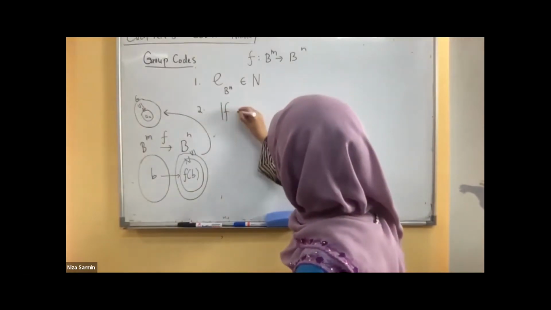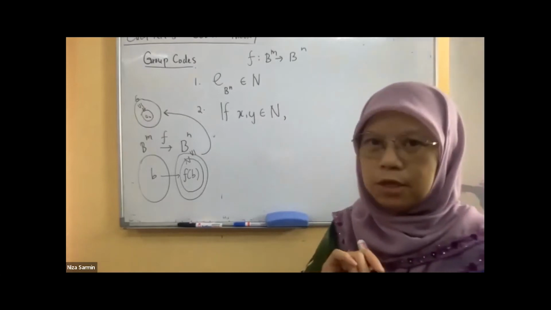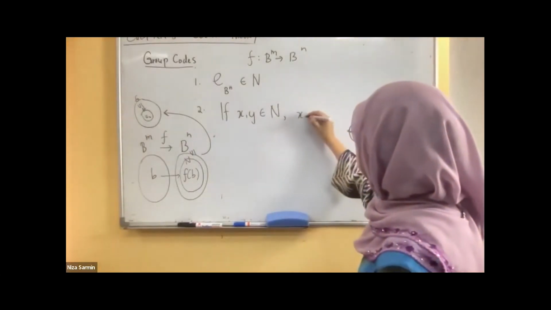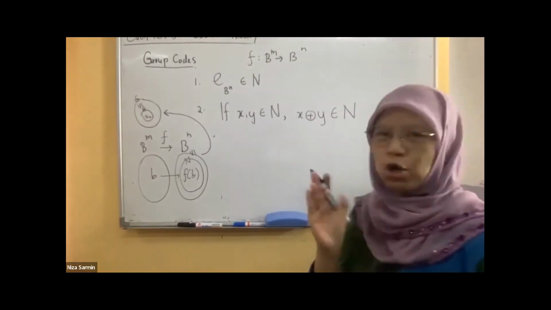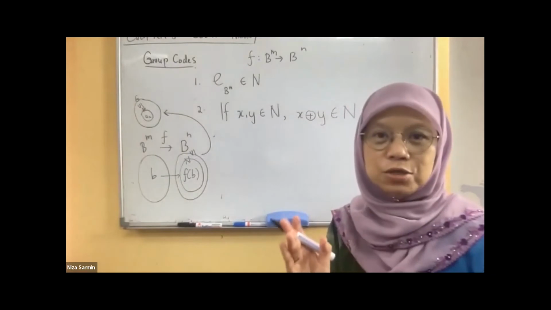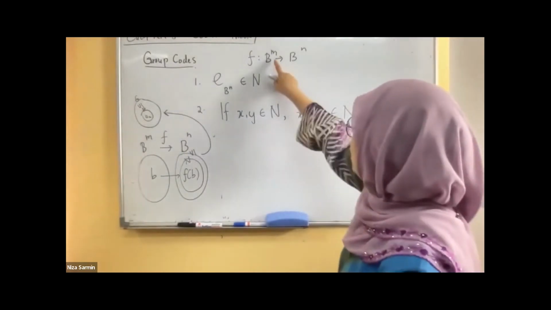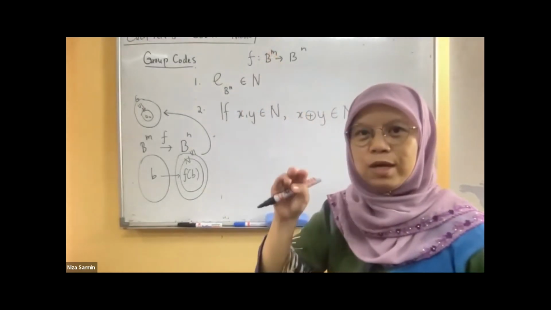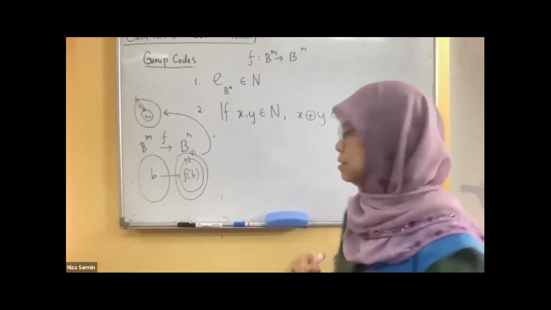The second one: if X, Y in N, you remember our multiplication is we add, because they are all codes. So all these words, X, Y, and so on, are all zeros and ones. If you have M equals 3, B3, that will be like 1, 1, 1, 1, 0, 1, 3 digits of zeros and ones.